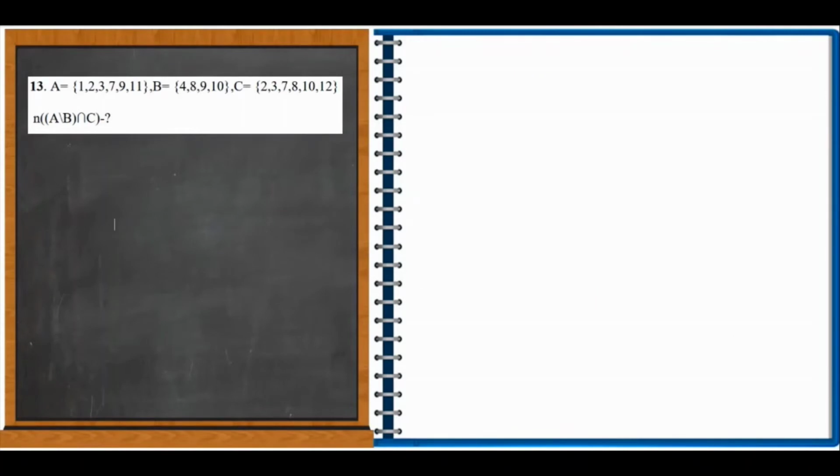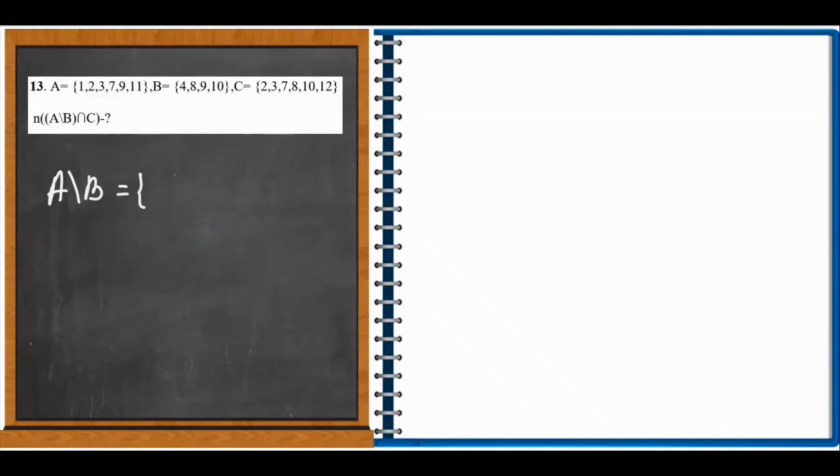Number 13. In number 13, we are given 3 sets, A, B, and C. We must find the number of elements in this set. Now, first of all, we will find A minus B. What is it?